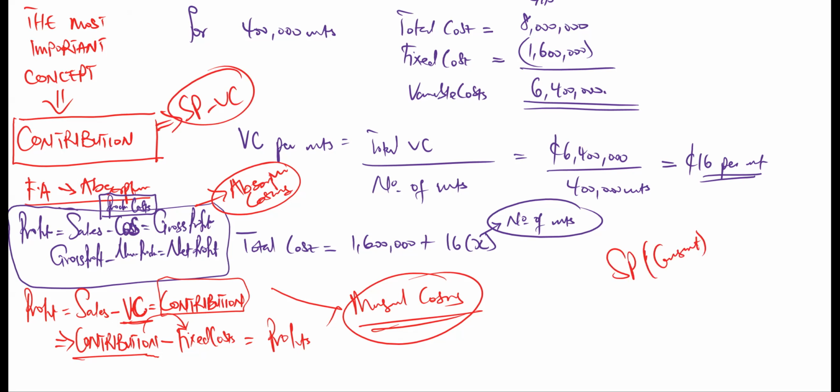Selling price per unit is constant. Variable cost per unit is also constant. And we know this minus this is equal to our contribution. That means contribution per unit is also what? If selling price per unit is constant, variable cost per unit is constant, that means contribution per unit is also what? Constant. You have passed management accounting.